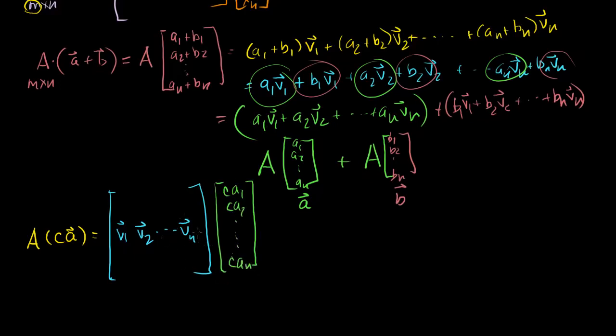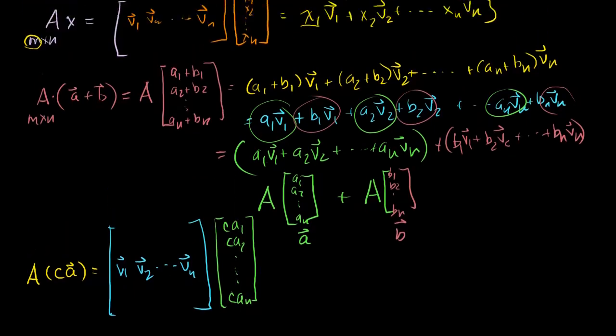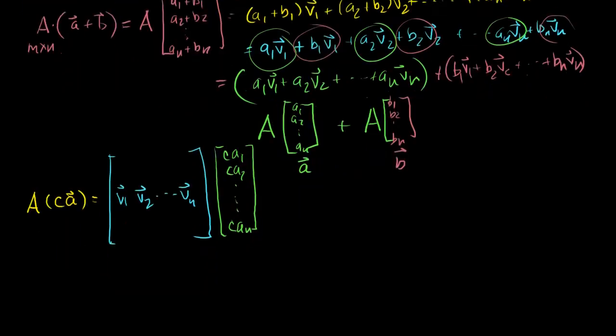And what does this equal? We've seen this multiple times before. It equals Ca1 times the column vector v1, plus Ca2 times v2, all the way to plus Can times the vector vn.